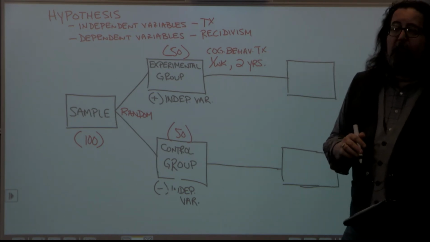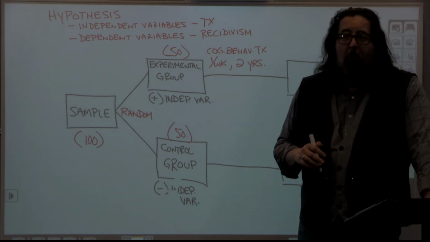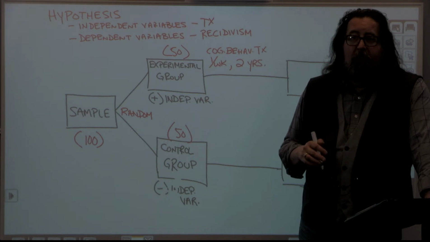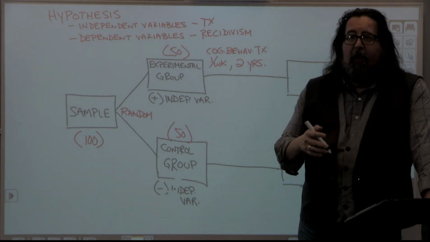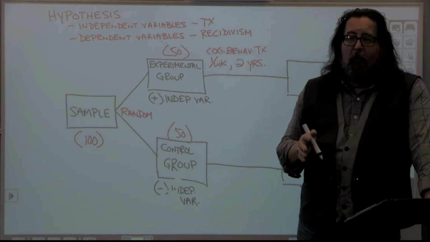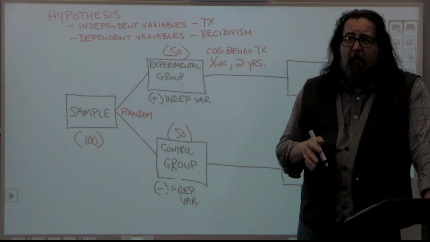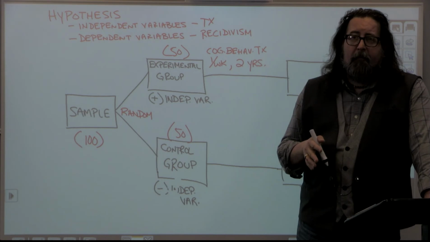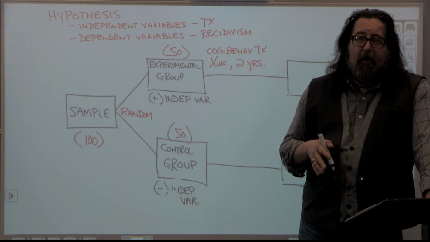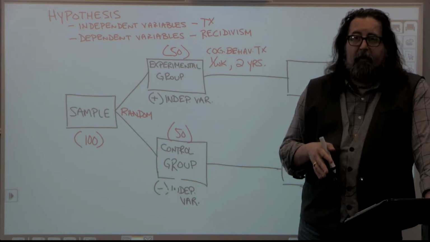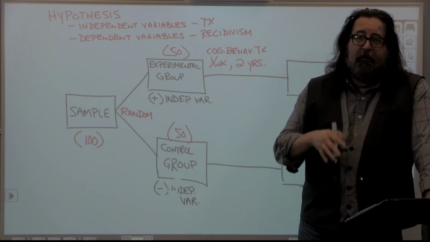That is recidivism. Well, how are we going to know who reoffended and who didn't? The assumption we're going to have to make here, and people have often mentioned things like polygraphs, is that I'm going to simplify the whole thing and say that we're only going to count people who have been rearrested for another sex crime as having recidivated. So we're going to exclude other types of behaviors.